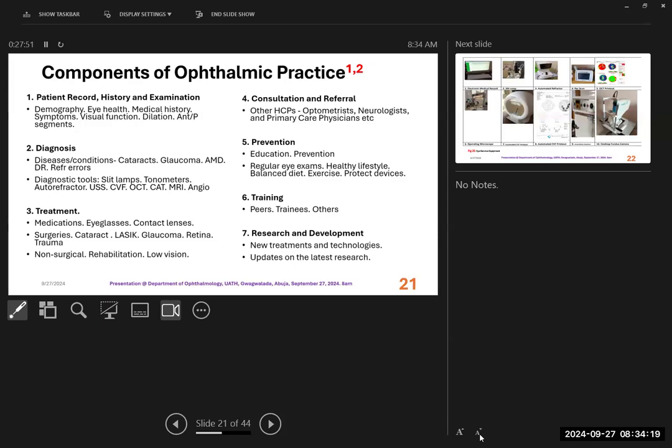Then you can use AI to give educational messages. Training, we are going to see one of them. Then research and development. In fact, AI is very, very useful. Those are what the eye care practitioner, eye care professional, is involved in.